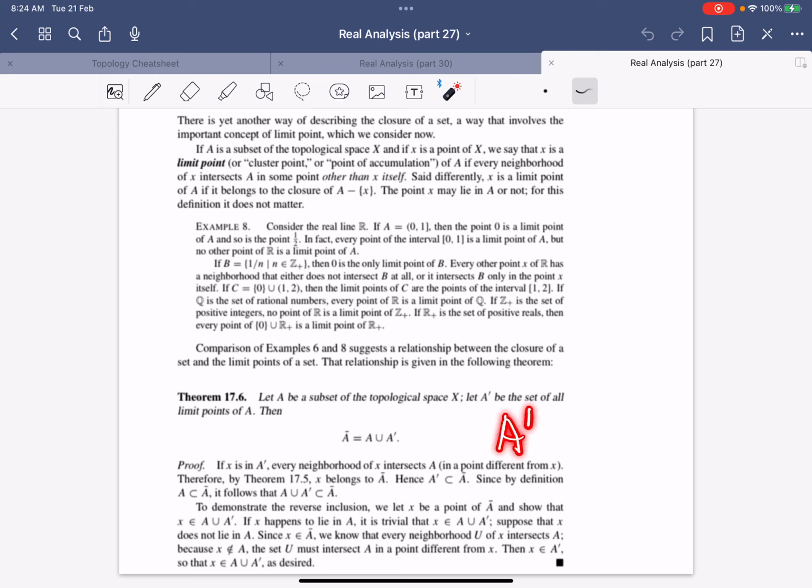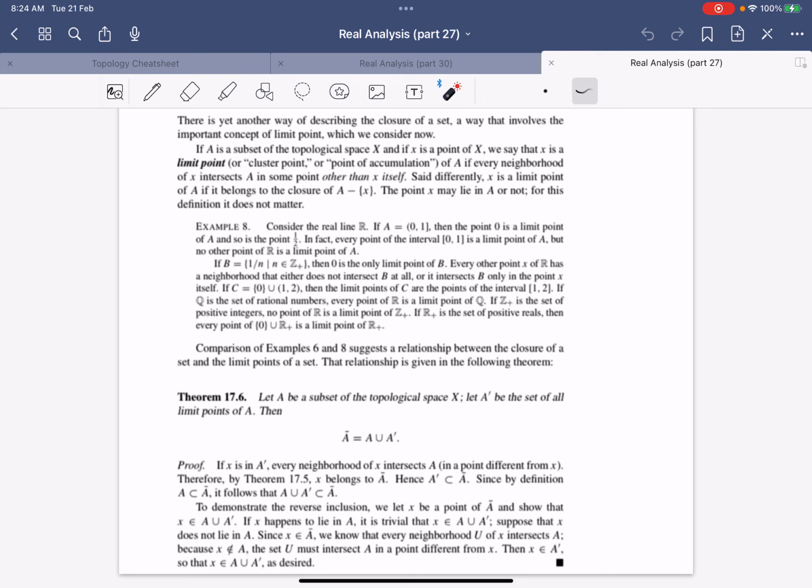And so, the set of limit points is a subset of the closure. And since A is also a subset of the closure of A by definition, it follows that A union the limit points is a subset of the closure of A.